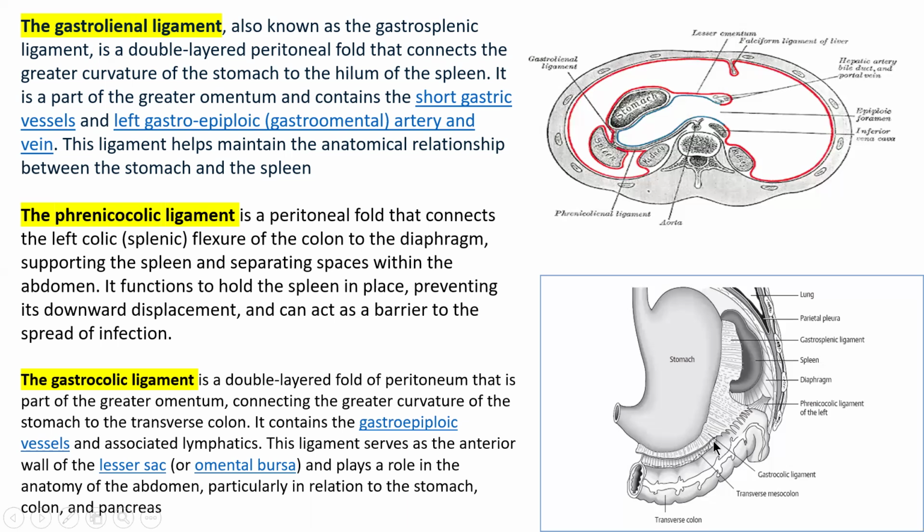It contains the gastroepiploic vessels and associated lymphatics. This ligament serves as the anterior wall of the lesser sac or omental bursa and plays an important role in providing the anatomy and shape to the abdomen, particularly in relation to the stomach, large intestine, colon, and pancreas.